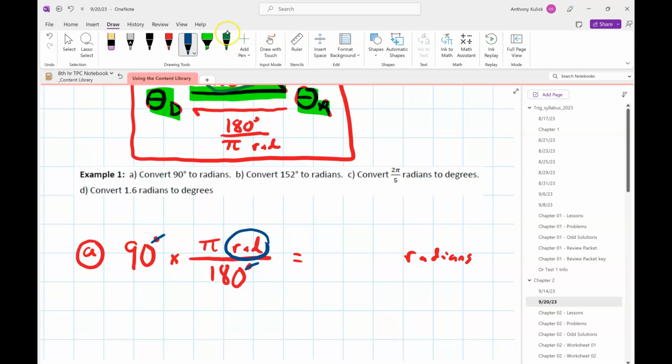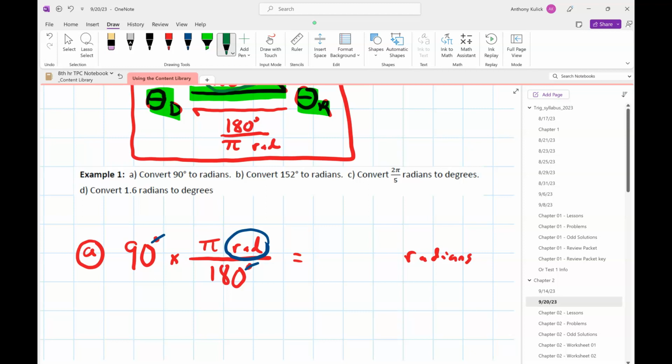Now, in trigonometry, the convention here is, if possible, we want to write our radian measure in terms of pi. So if I look at this, I'm going to just try to reduce the 90 and 180.